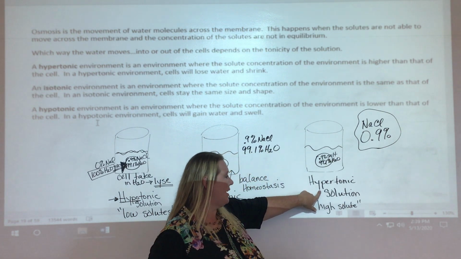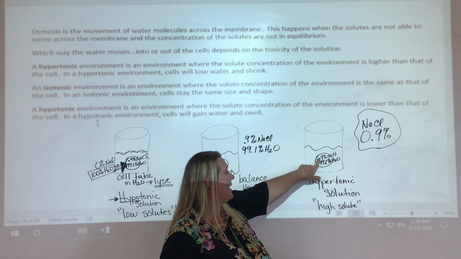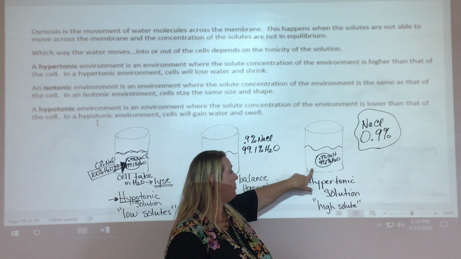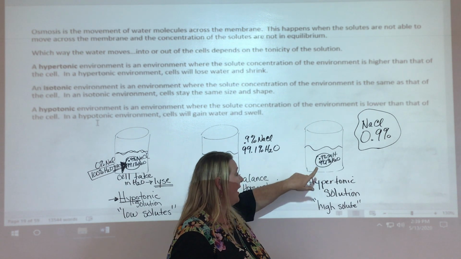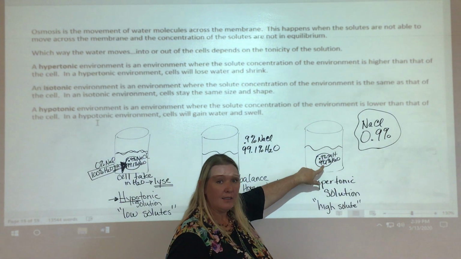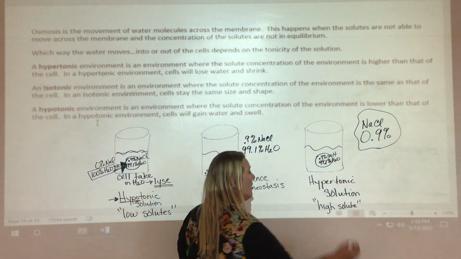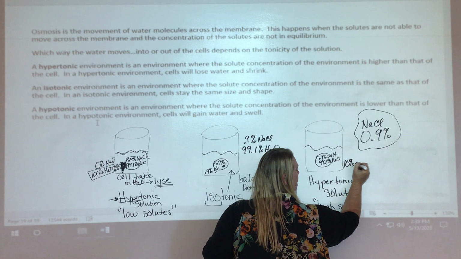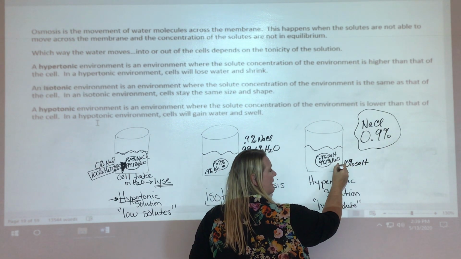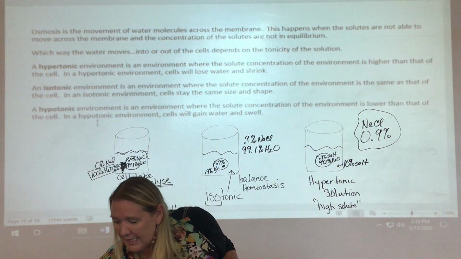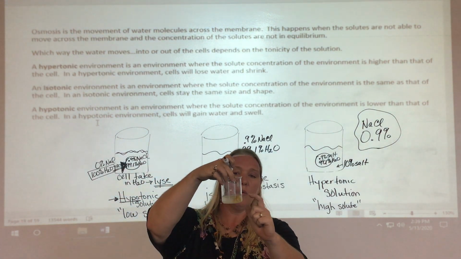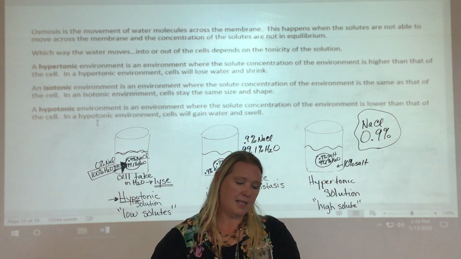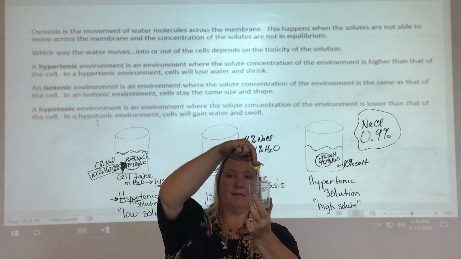The solution has higher solutes. So it has higher than 0.9. I could put 1 and it would still be higher. I could put 5, 10, 50, 100. Okay, I'm going to put 10%. 10% salt on the outside, that's out here in this liquid. So this white liquid would have 10% salt, and inside of this bag would be 0.9.